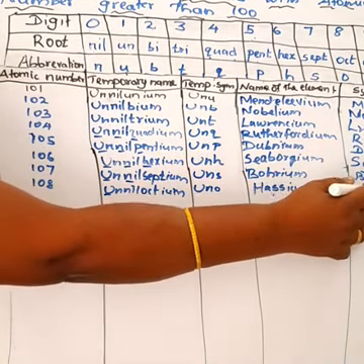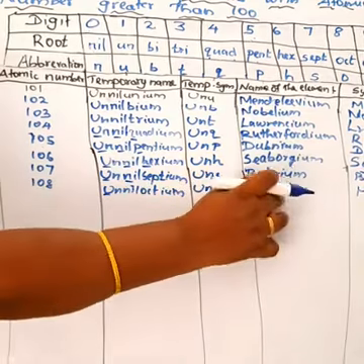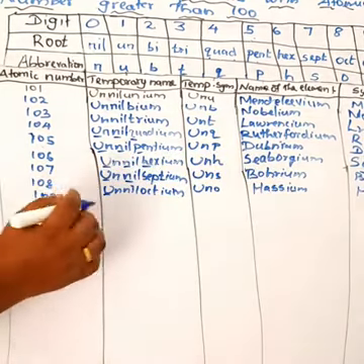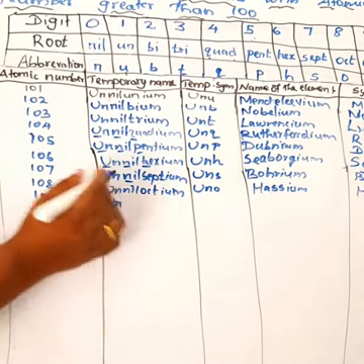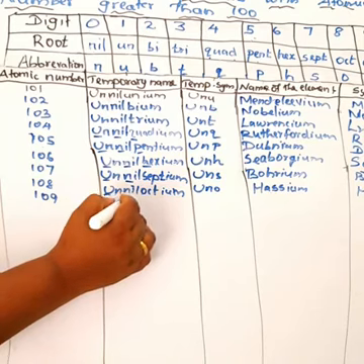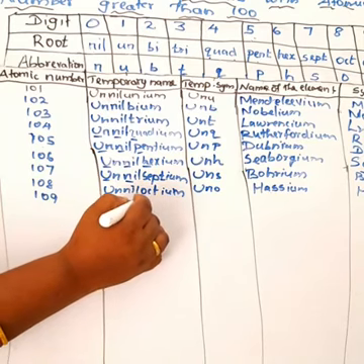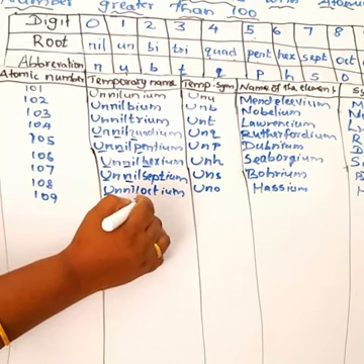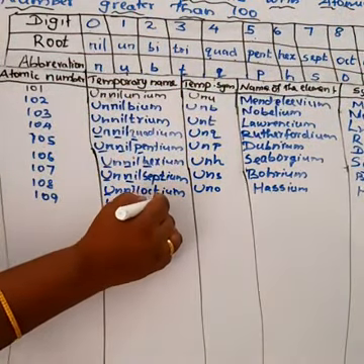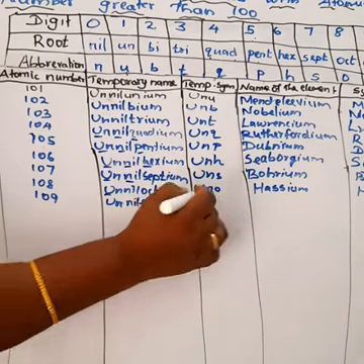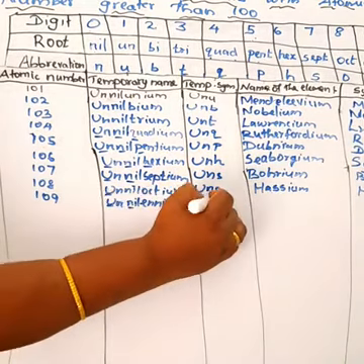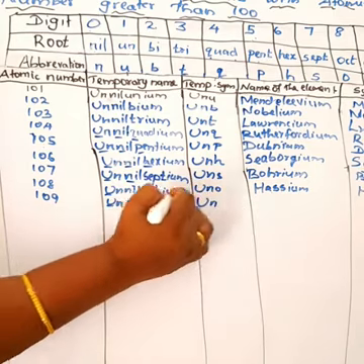Understood? And atomic number 109. What is the temporary name? Un for 1, nil for 0, and for 9 the numerical root is enn. After that, suffix ium. The temporary symbol is U for un, N for nil, and E for enn.